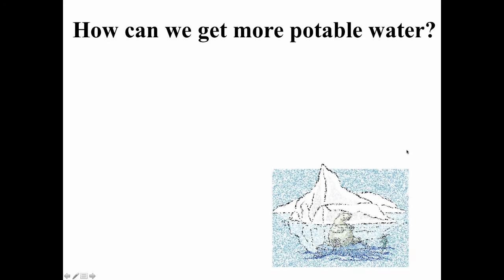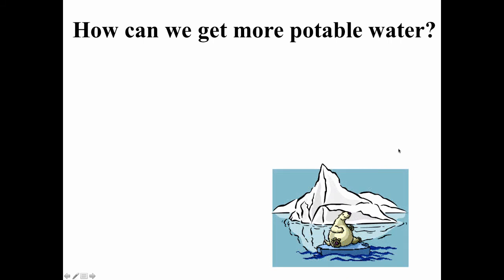Now, one other example of osmosis is how we get more drinkable water, and in some places in the world there's very little of that, especially places in the Middle East or for that matter California in the South. And how can we get more potable water?